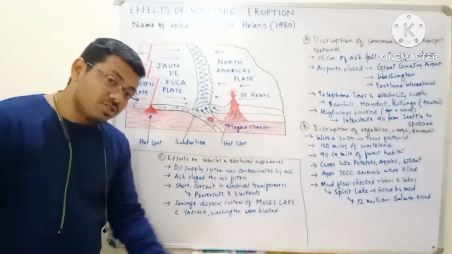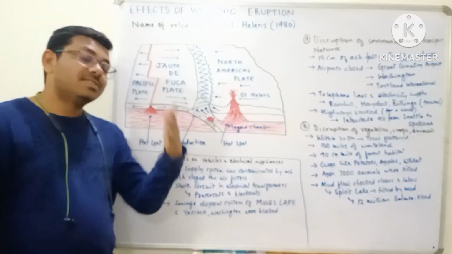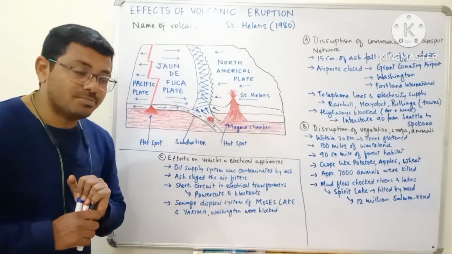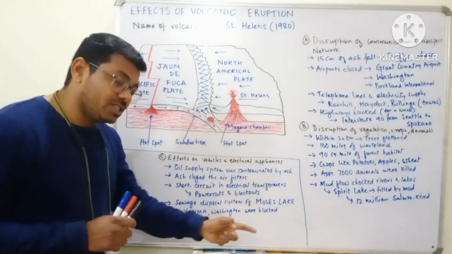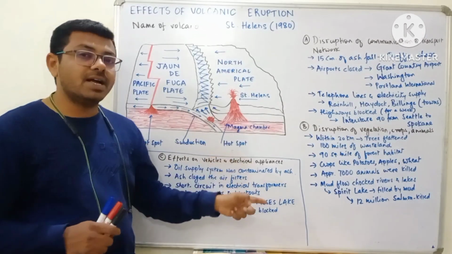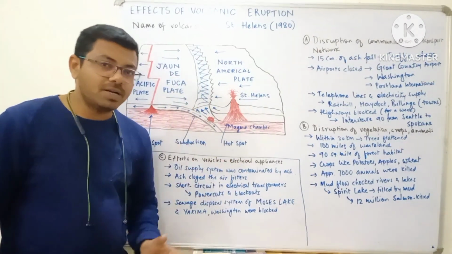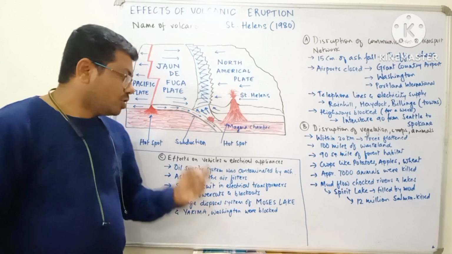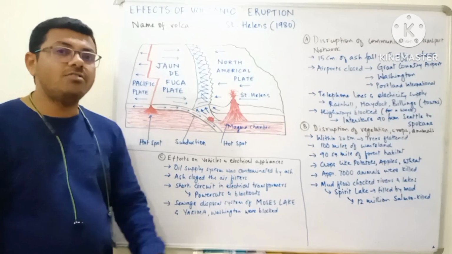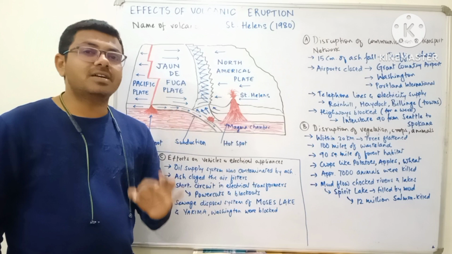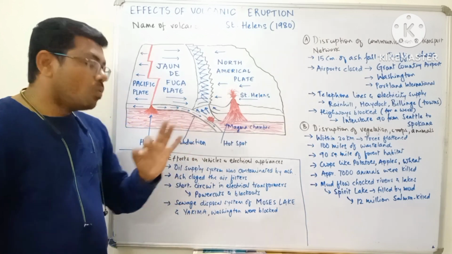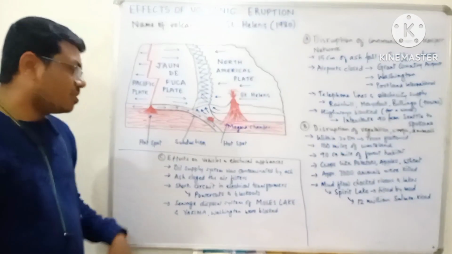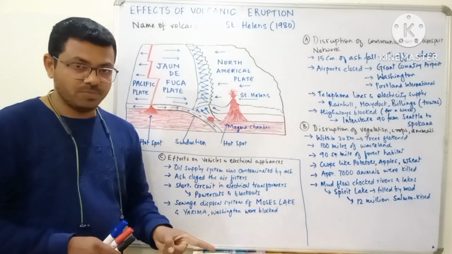So air filters were clogged, and there was short circuit in some of the electrical transformers, due to which there was power cut and blackout for some days. Due to the failure of the electrical transformers. Why did transformers fail? Because of, again, ash, right?